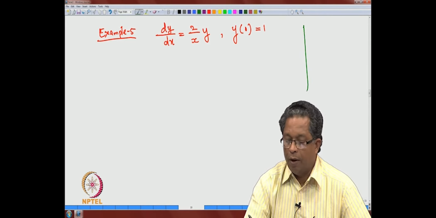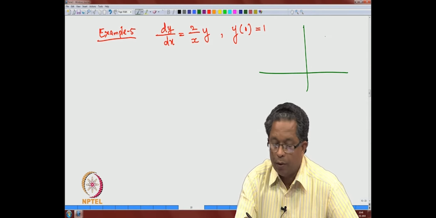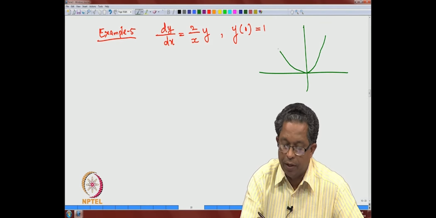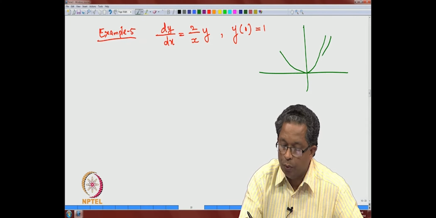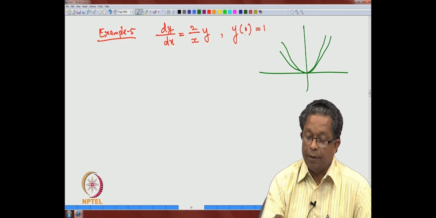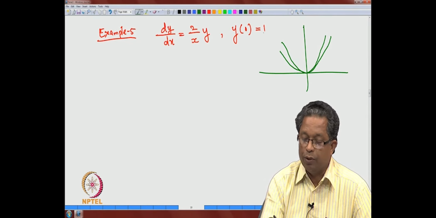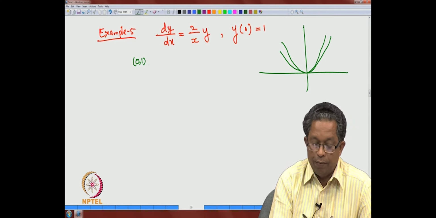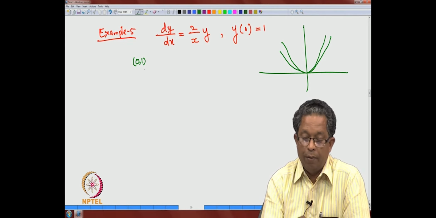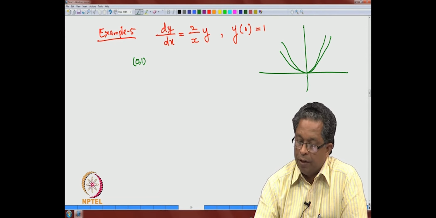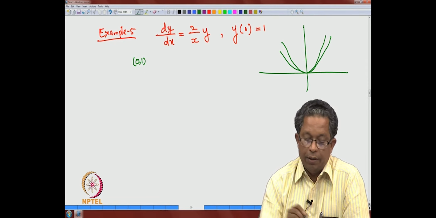and as we have already noticed, all solutions of this differential equation pass through the origin. So it cannot pass through the point (0, 1). You want the solution to pass through the point (0, 1), when x is equal to 0, and this is not possible.